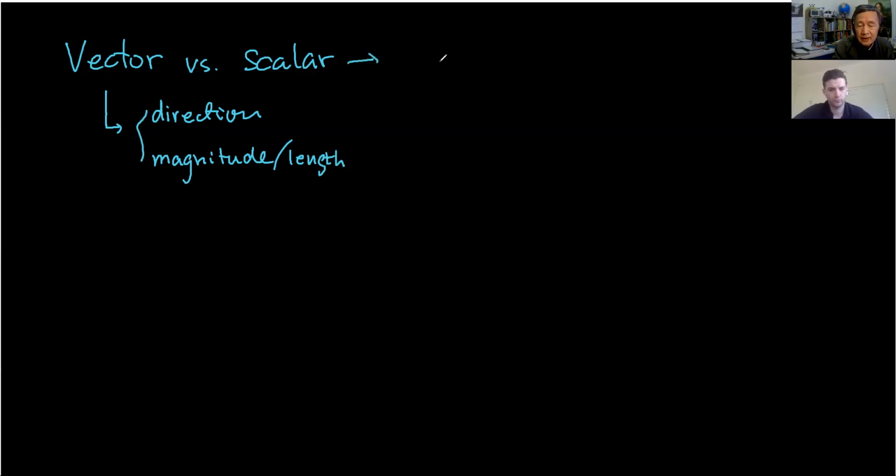A scalar, on the other hand, is just a number. It could be any number, real, or sometimes a complex number. At this stage, we just assume it is a real number. It could be positive, could be negative.